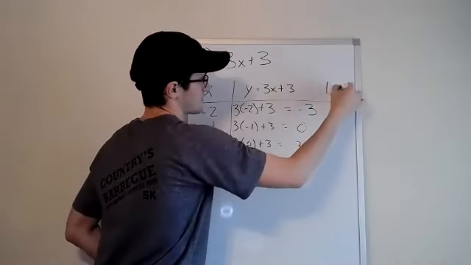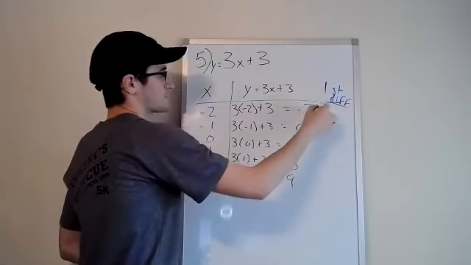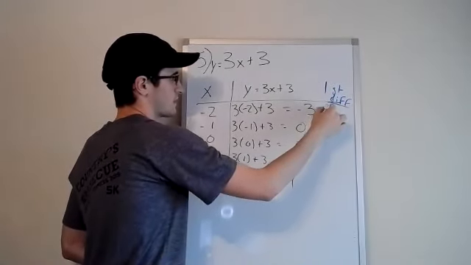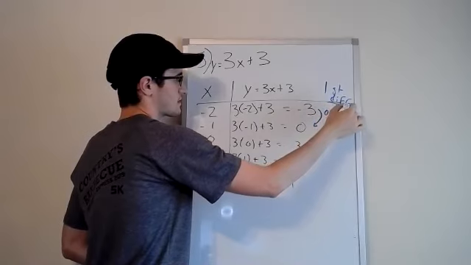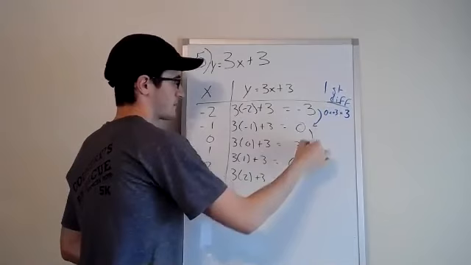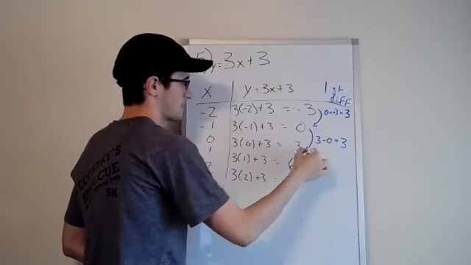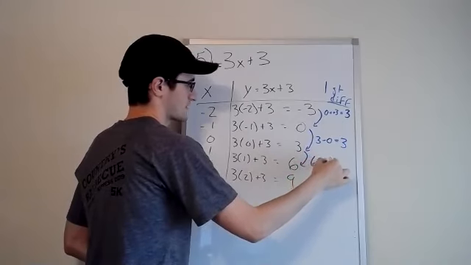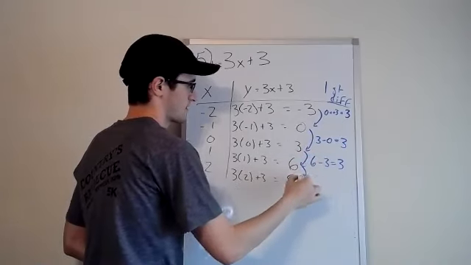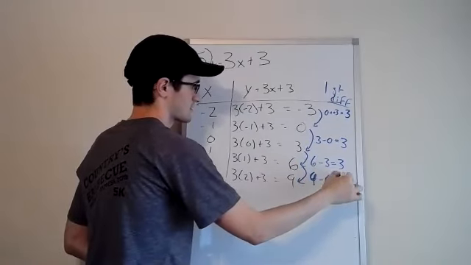my first difference column, and I don't need any more if it works. So let's check it. So 0 minus -3 equals 3. 3 minus 0 is 3. 6 minus 3 is 3. 9 minus 6 is 3.